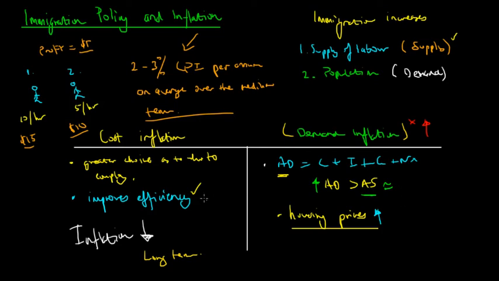Of course, however, in the long run, cost inflation will be eased because of this idea of improved efficiency and a greater choice as to who to employ, thereby decreasing real unit labour costs in the long run. So this is sort of like a double-edged sword. There are two arguments, one for, one against, and it gives you an idea of how to interpret immigration policy and how that affects the goal of low inflation in Australia.